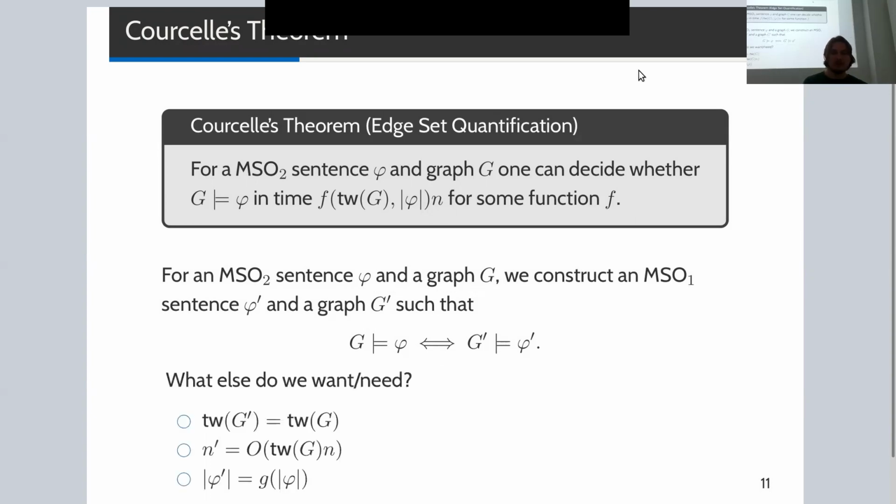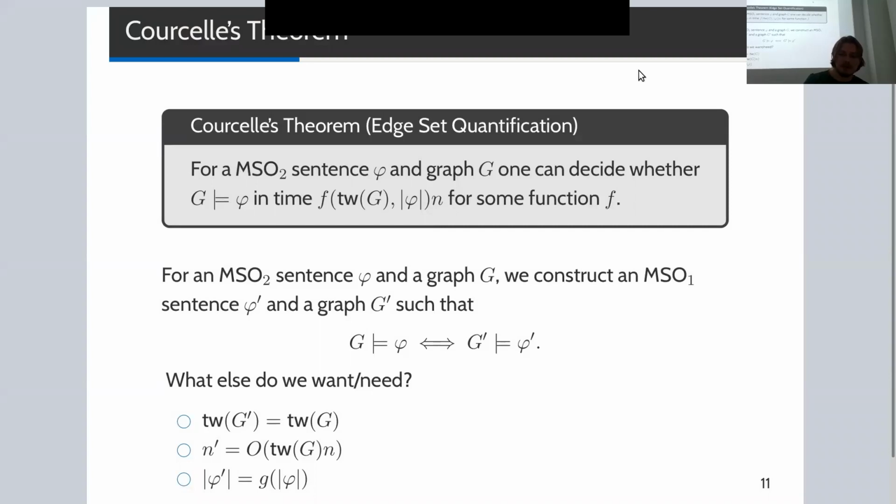So the last property is that we need that the number of vertices in the new graph will be linear in the number of vertices of the old graph. So if the number of vertices was quadratic suddenly, then our running time would be quadratic and not linear anymore. But we really want a linear running time in n here.